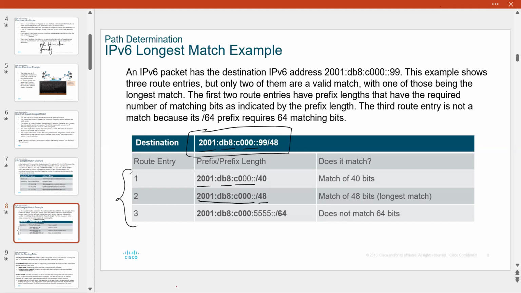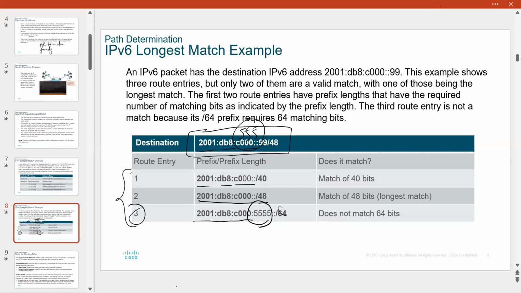Version 6, obviously. Then if you look at the third one, it's not matching at /64, because after 2001:DB8:C000 there is a 555 here, but the destination IP has something different here. So it's not matching, and it will not be chosen.